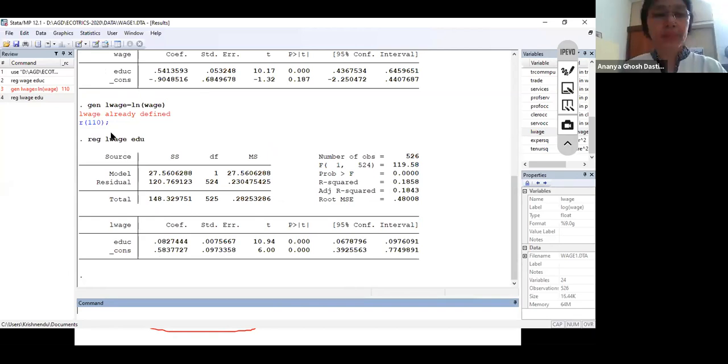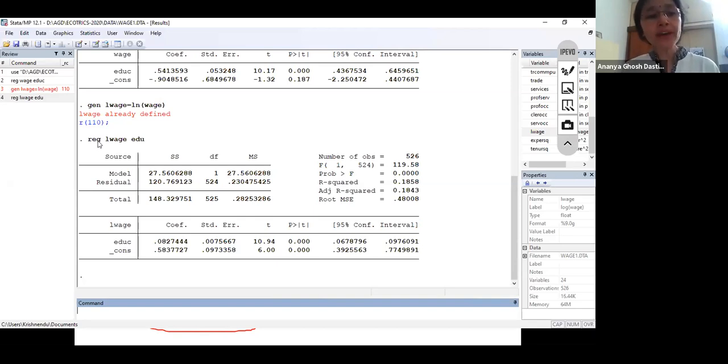Those of you who have Excel, you can just generate a log of wage in the Excel file or log of any variable that you have very easily by using operators in Excel. All right, so don't worry right now about how to do it. Concentrate on having done it. Let's concentrate on the interpretation.